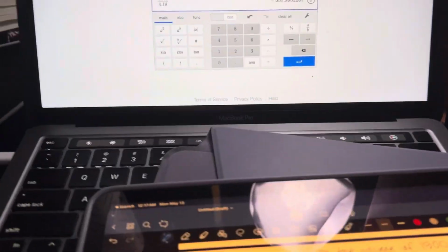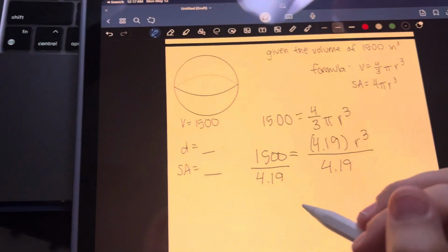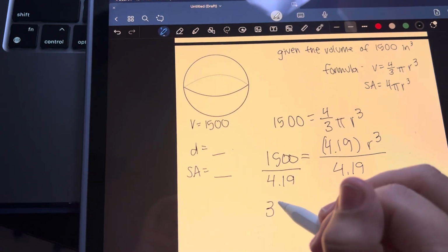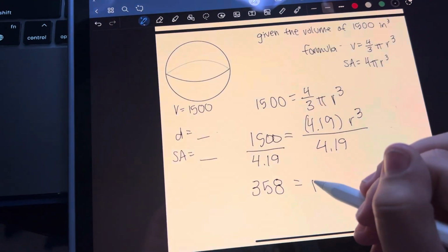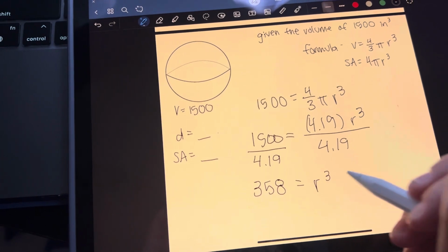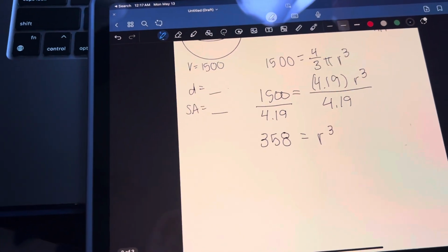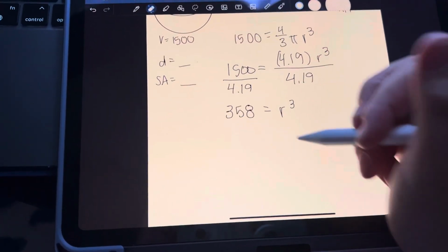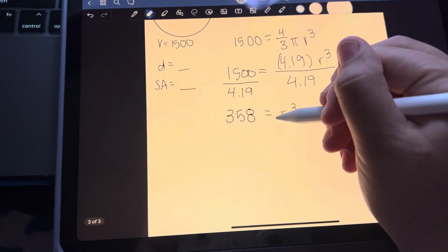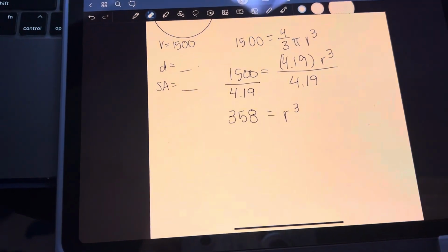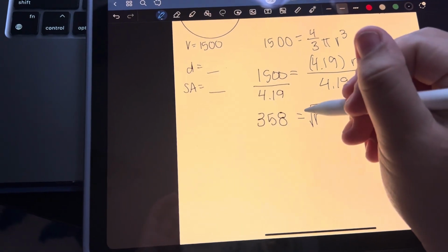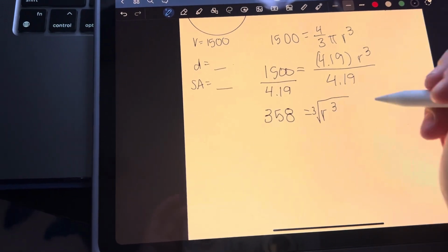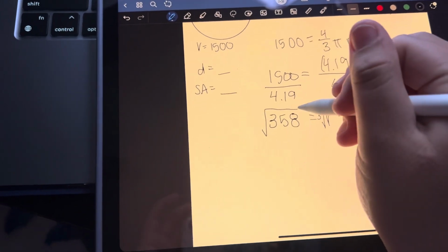So 358 equals r to the third power. And then the last thing we need to do to get r by itself is to take the cube root of it, and that's what we do to the other side as well.